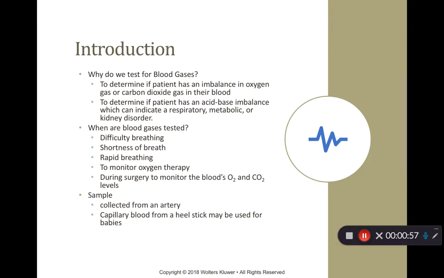So you want to do blood gases to determine if the patient has an imbalance in oxygen gas or carbon dioxide gas in their blood. You also want to determine the acid-base imbalance, which can indicate a respiratory, metabolic, or kidney disorder. When are these tested? It would be tested if a patient has difficulty breathing, shortness of breath, rapid breathing, or hyperventilation.